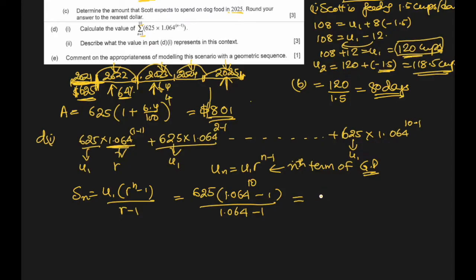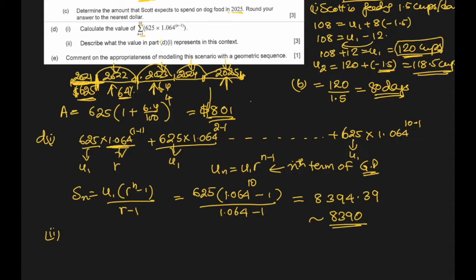That will give us 8,394.39, and they have not mentioned what we should do, so let me write it up to 3 significant figures: 8,390. It is not about money, so we can leave our answer like this. Part 2.